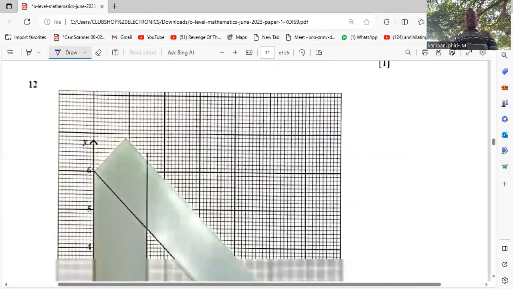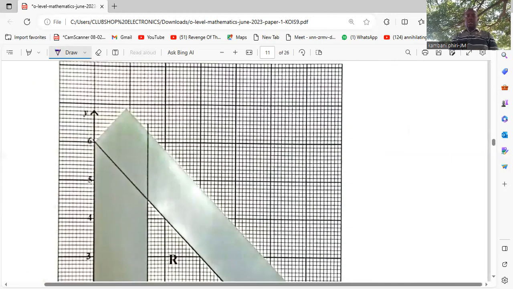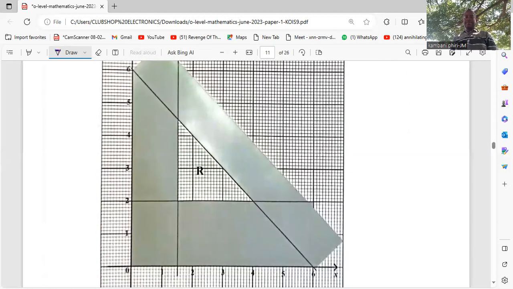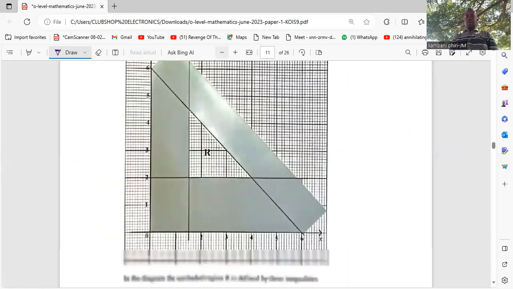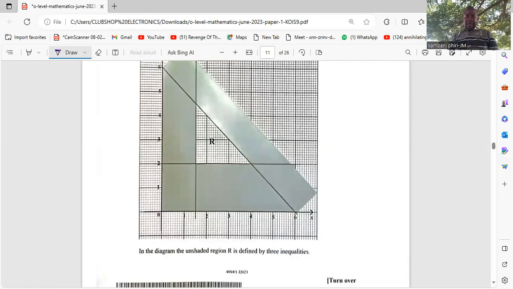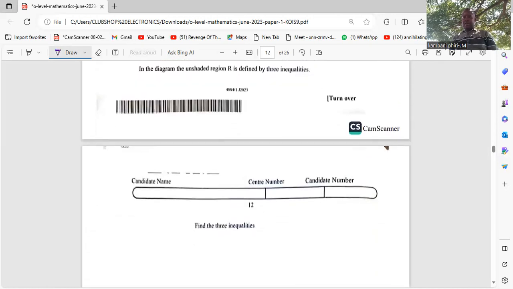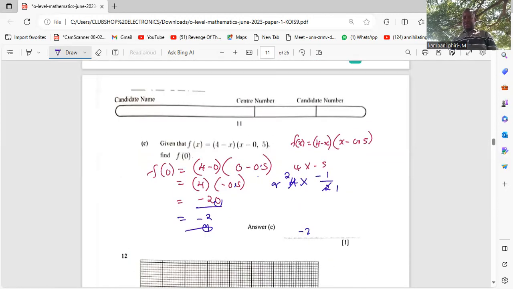All right, so let's look at questions on linear programming. In the diagram, the unshaded region R is defined by 3 inequalities. We need to find the 3 inequalities.